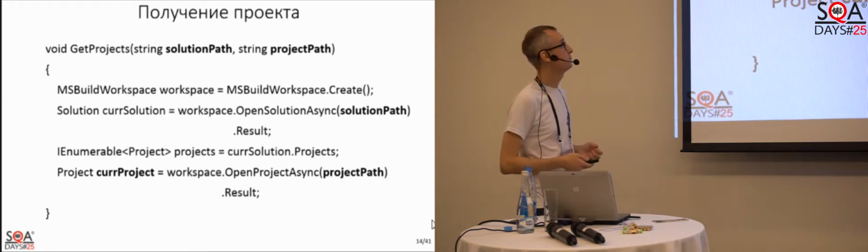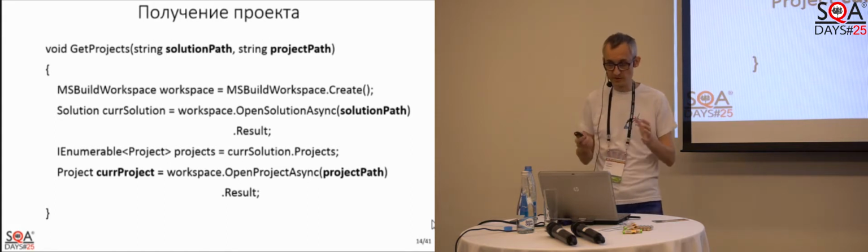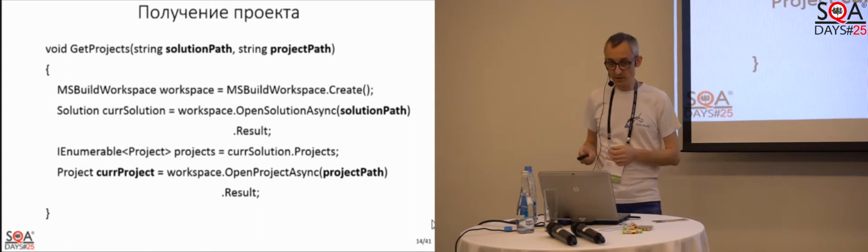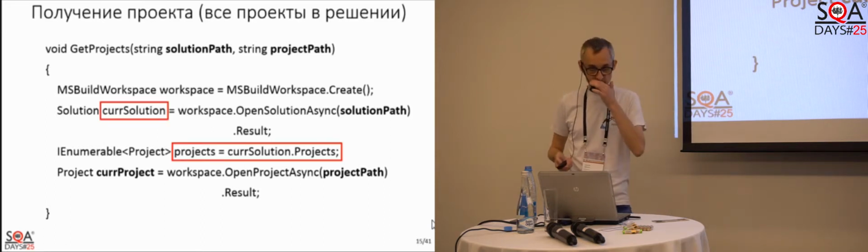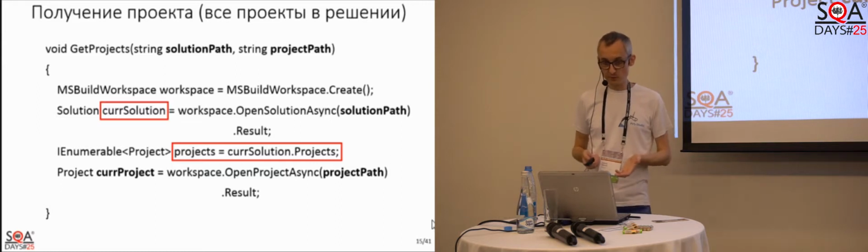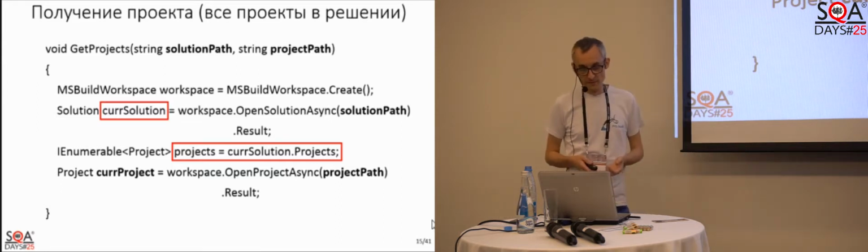A little bit of code for you. This is how this looks. The syntactic approach. It's actually a workable approach, a real one. Here the solution path and the project path string allow you to get different information. For example, you need to create a workspace object.